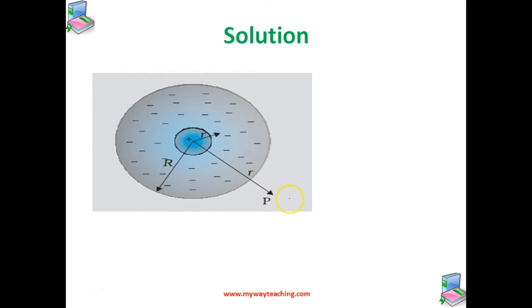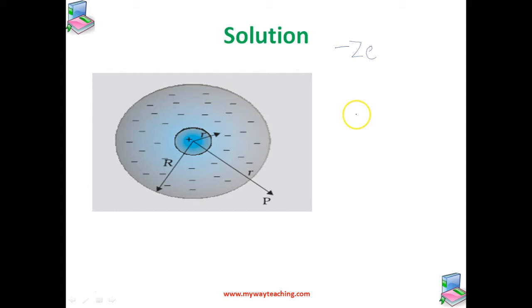At this point, we should find the electric field at point P. The charge distribution for this model of the atom is as given in this figure. The total negative charge in the uniform spherical charge distribution of radius R must be equal to minus Ze, since the atom is neutral.